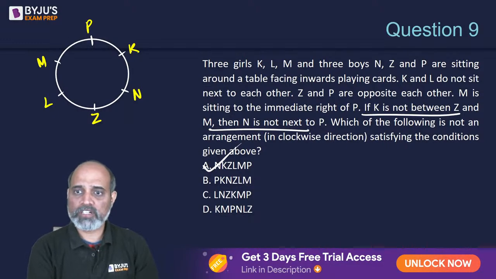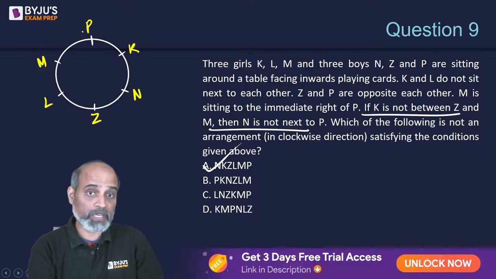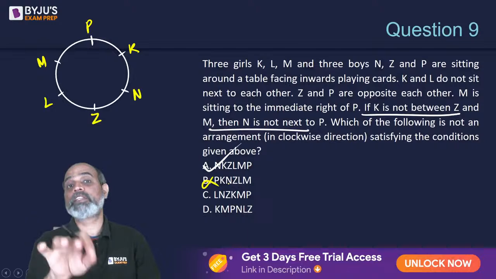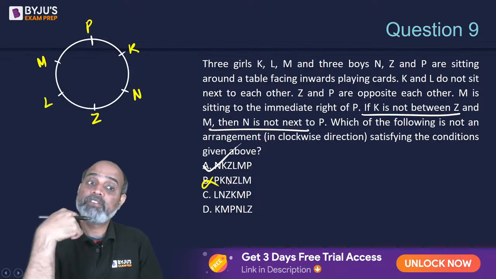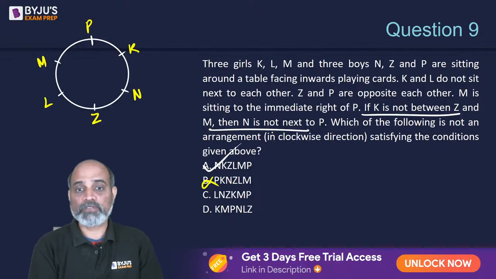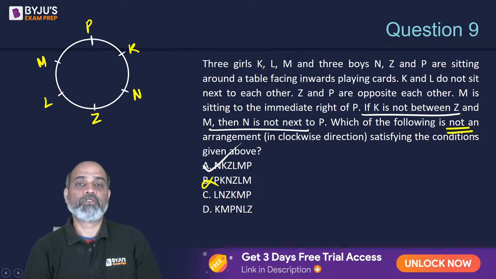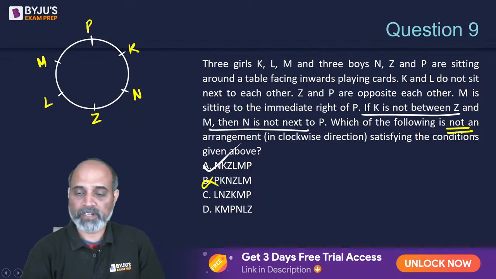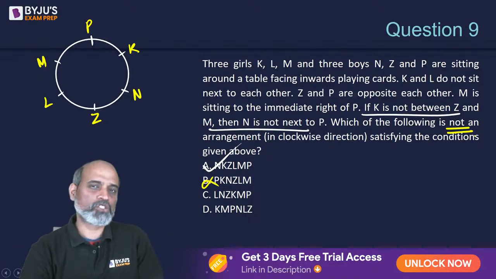If K is not between Z and M, he is not, then N is not next to P. N is not next to P. N is far from P, right? So B of course will not be the answer because it works. The question is asking us which will not work, which will not be an arrangement. Similarly, C and D. But once you get an option, do not waste your time verifying the others. Okay? A is the answer.